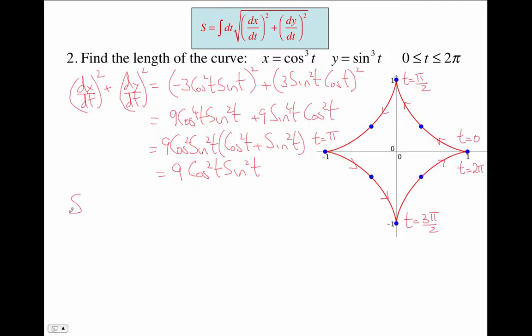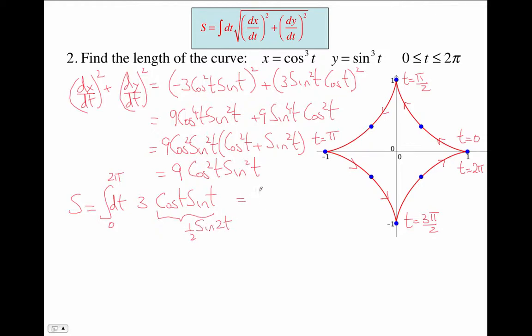And so what we seem to have is this integral, t from 0 to 2 pi, and here we have 3 cosine of t sine of t. But cosine of t sine of t is just half of sine 2t.